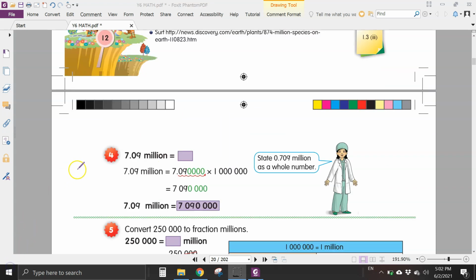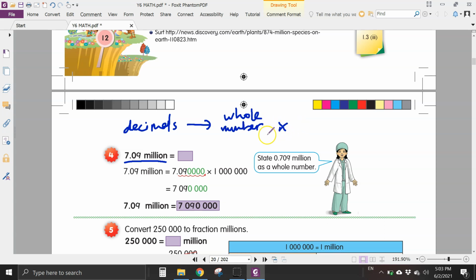Number 4, 7.09 million convert to whole number. So from decimal, perpuluhan, to whole number, nombor bulat, we have to times a million. You have to move 6 times to the right. Remember, times to the right.